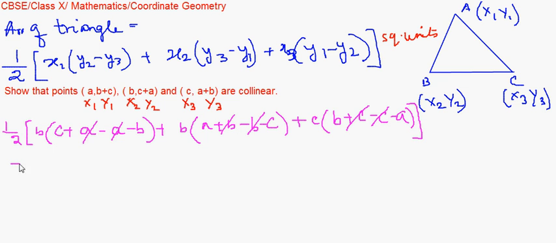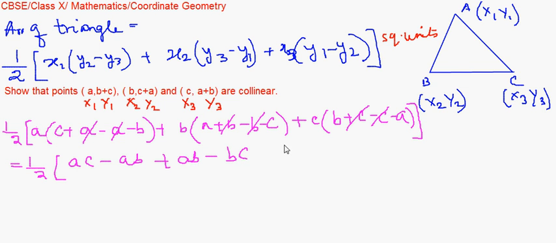I'll just remove the bracket now. So it is, sorry, I made a mistake here. It is x1. I'll just note it down as x1 was A here. So I'm getting it as AC minus AB plus AB minus BC.